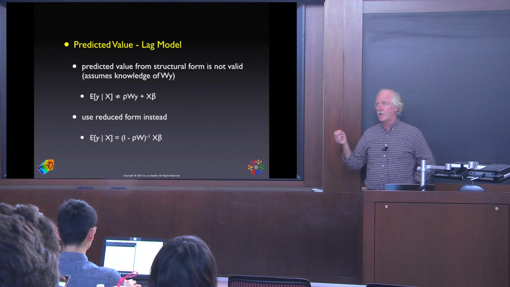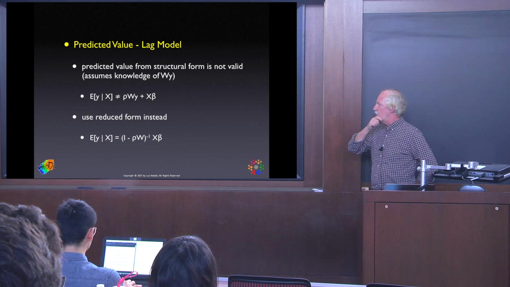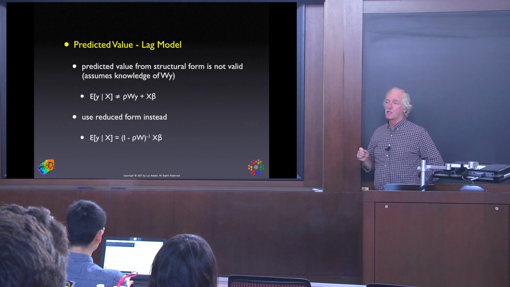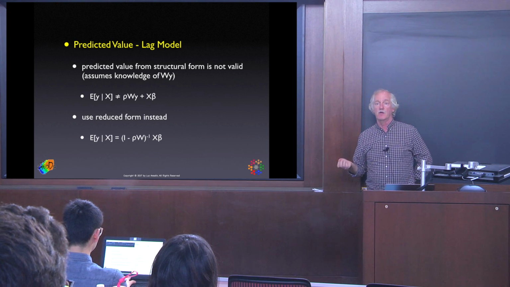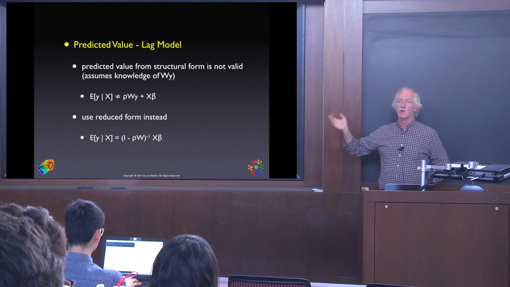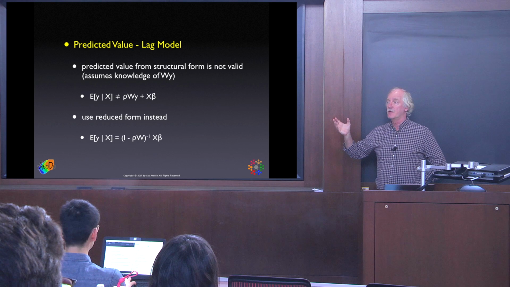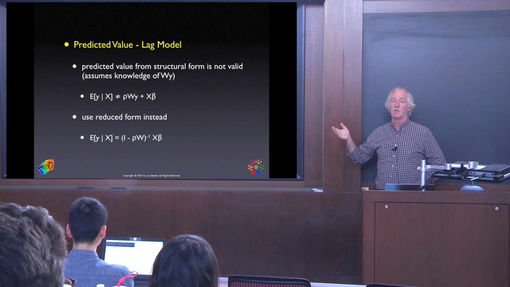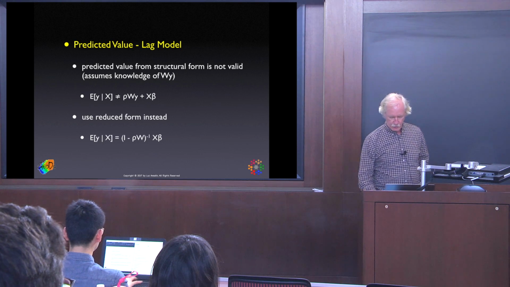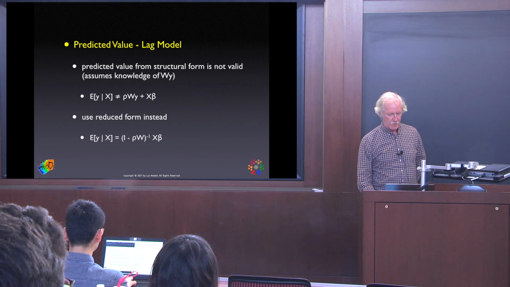So this is something to keep in mind, because it's very tempting to use the top expression as the predicted value. Plug in the estimate for rho, plug in the estimate for beta, and all seems fine, except where does the y come from? The y is what we're trying to predict. So that's why we need to go with the reduced form in the lag model.